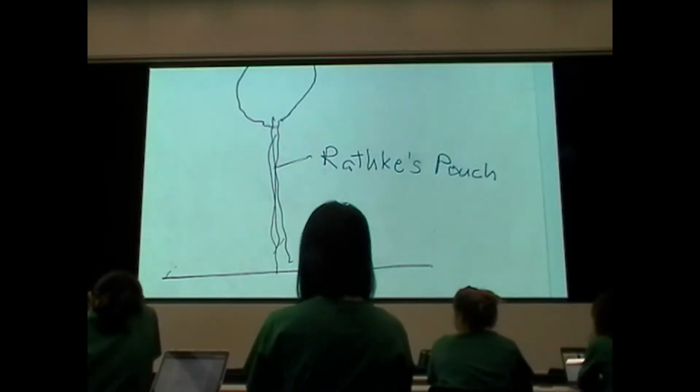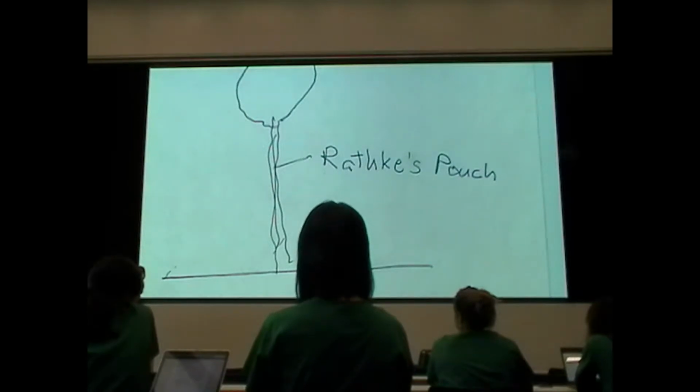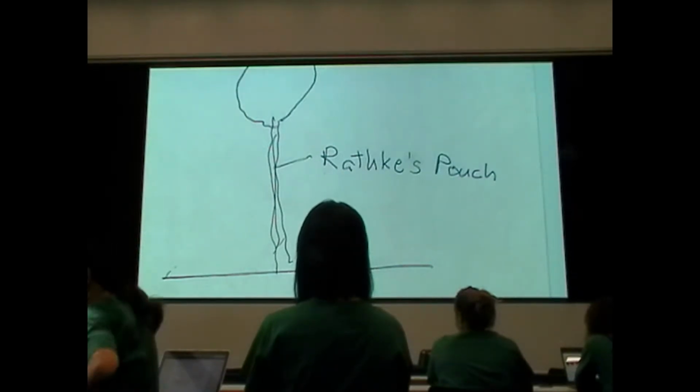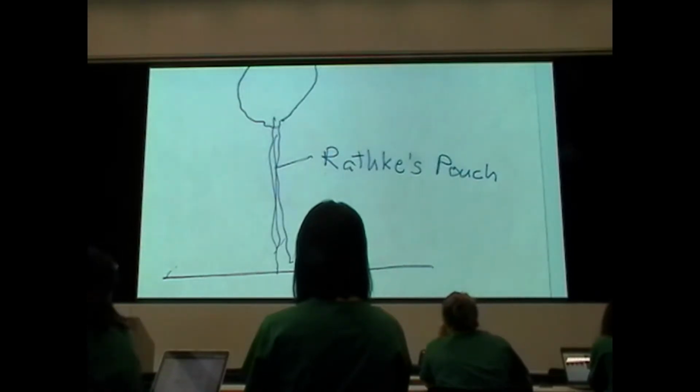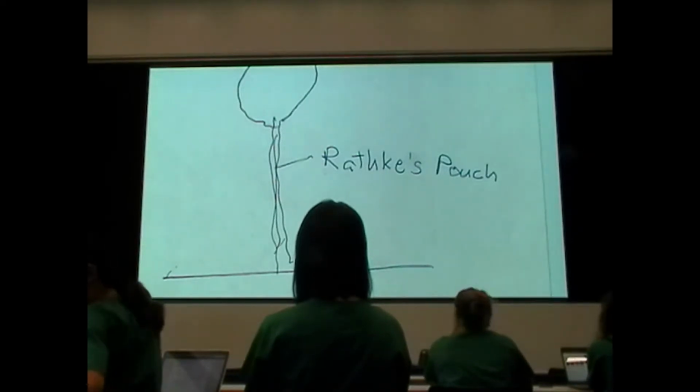Okay, so what we end up with is a situation where we have an epithelial portion, and then there is a downgrowth from the floor of the hypothalamus.